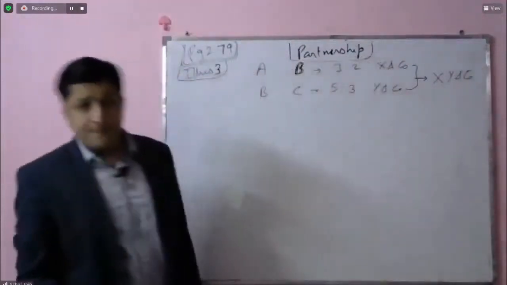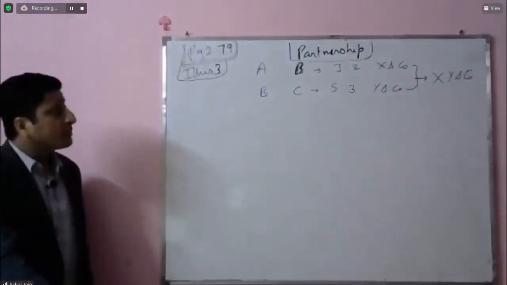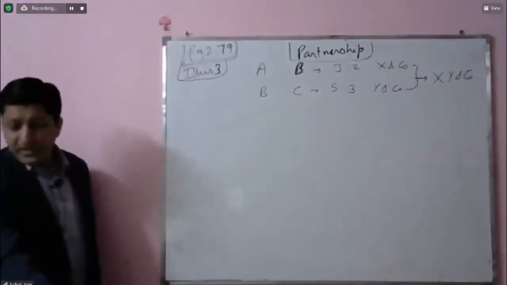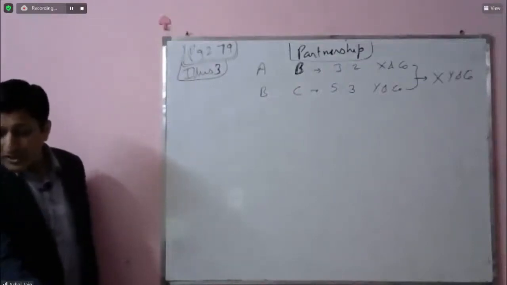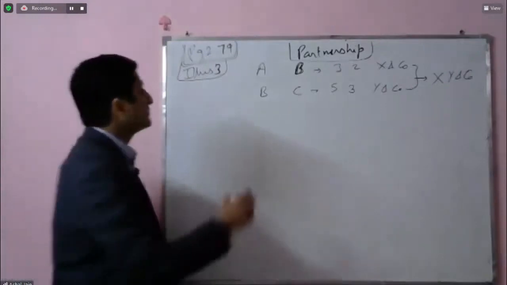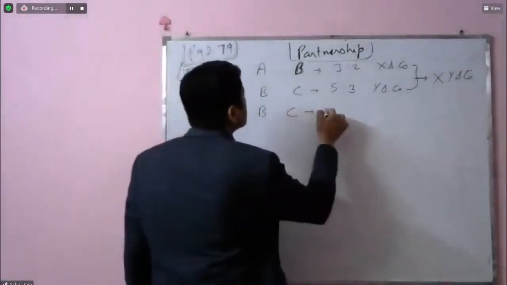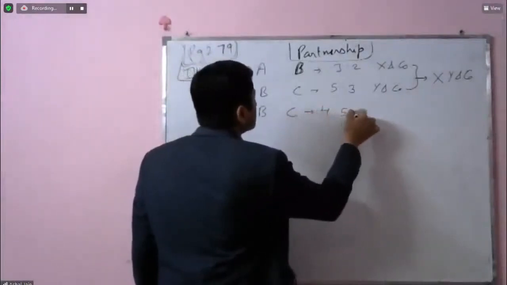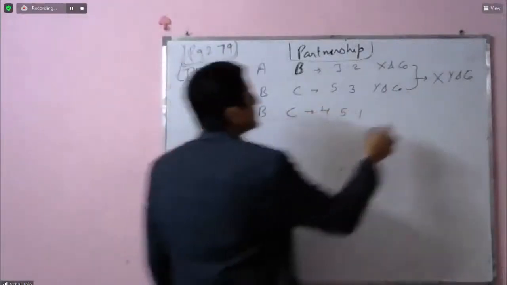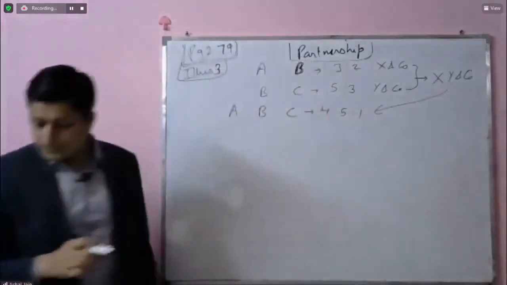In this new company, A, B and C would be sharing profits and losses in the ratio of 4:5:1. In this new one, clear?